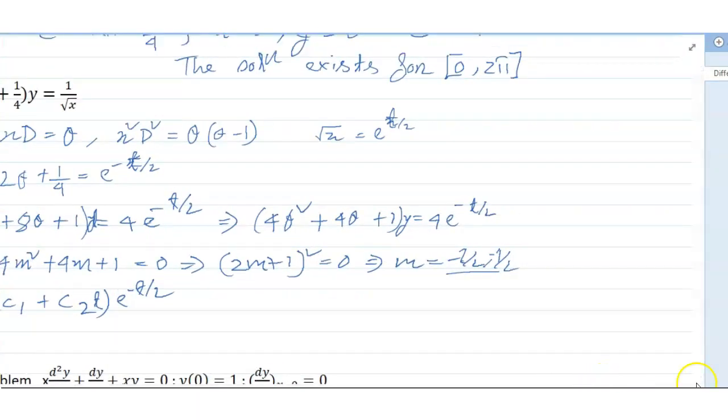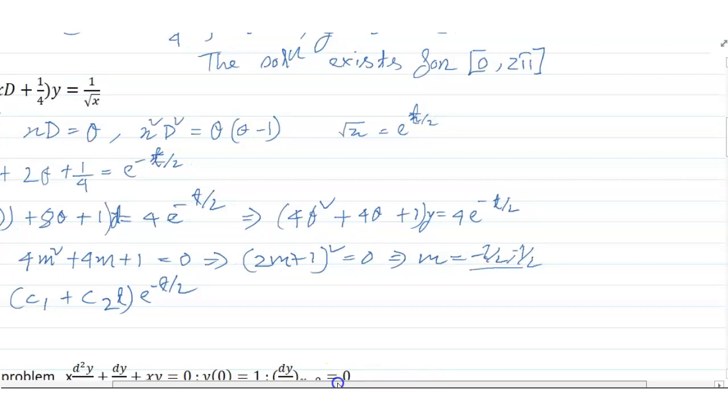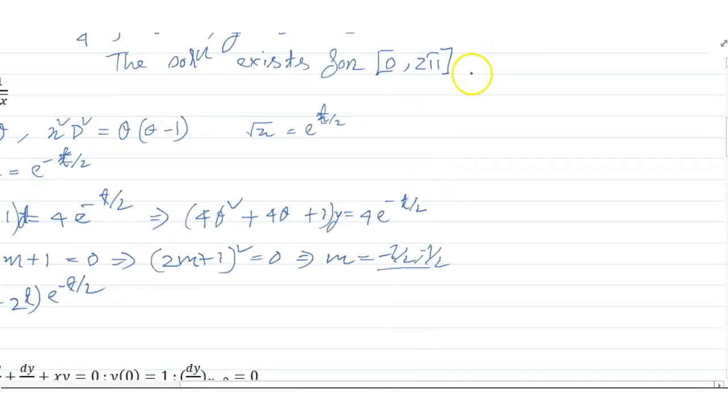Now friends, I have to find the particular integral. The particular integral is 1/(4D² + 4D + 1) e^(-t/2).